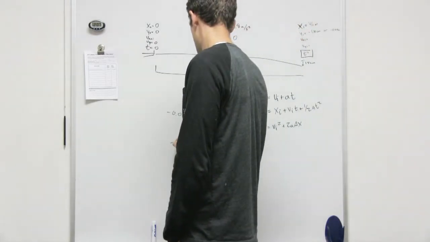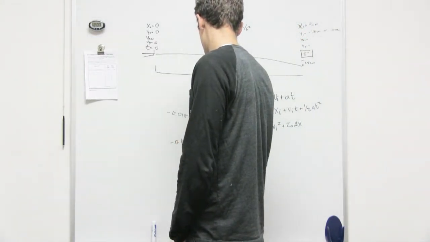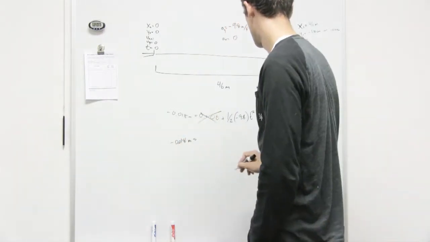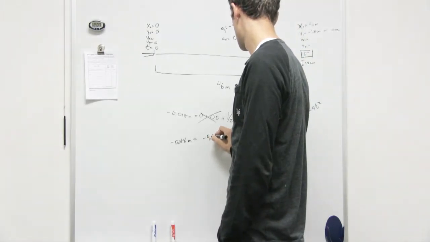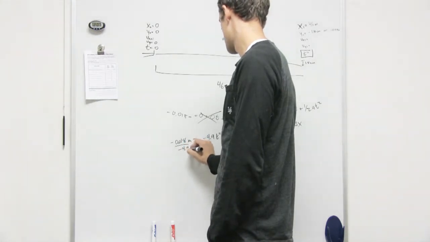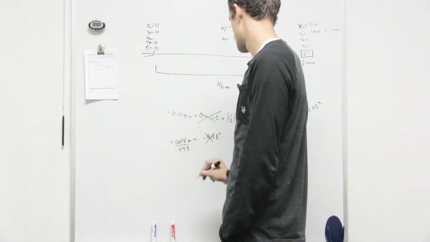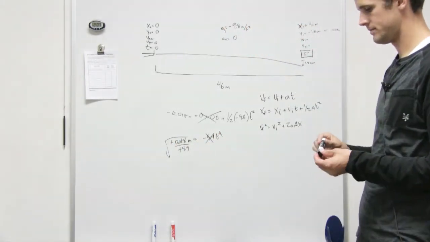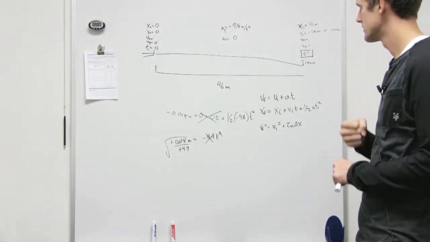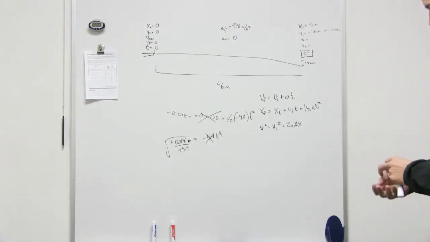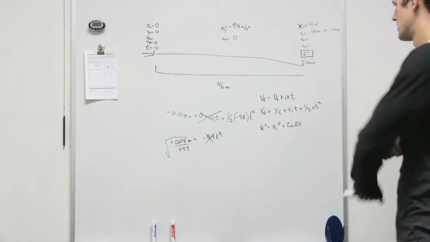And now we rewrite it so that we can solve for t. 0.018 meters equals, that's all 0, this would be negative 4.9 t squared. Let's divide that over. Those become positive. And you take the square root of it. Let's see here. Square root.